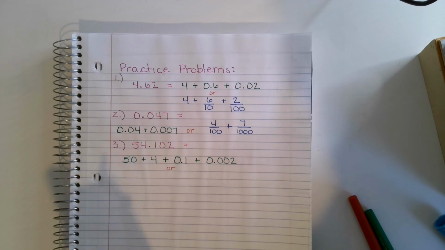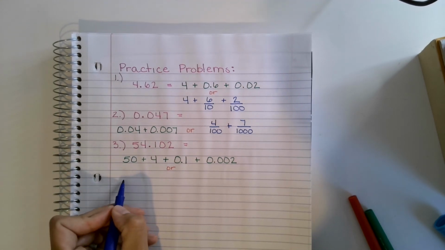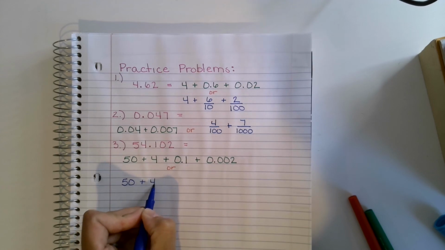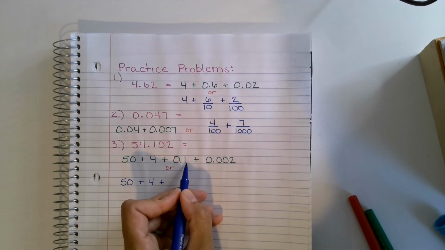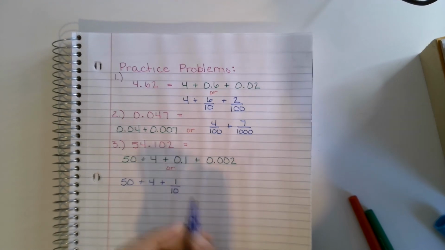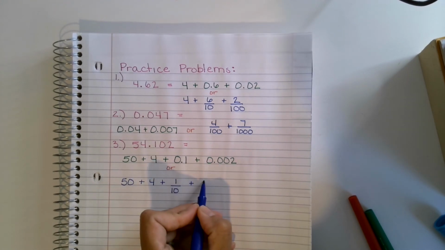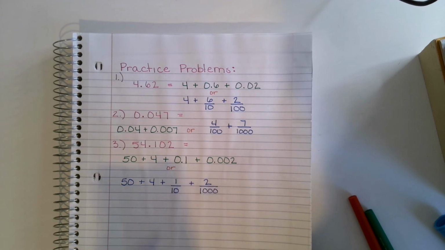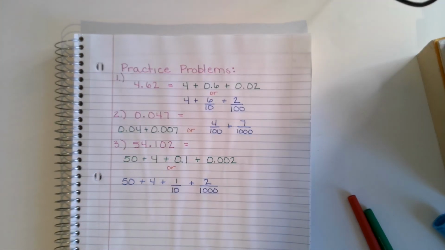But with the whole numbers, you don't write as a fraction. You just write them as whole numbers. So 50 plus 4 plus 1/10 plus 2 thousandths. There you go.